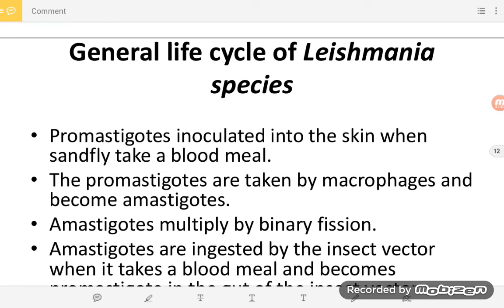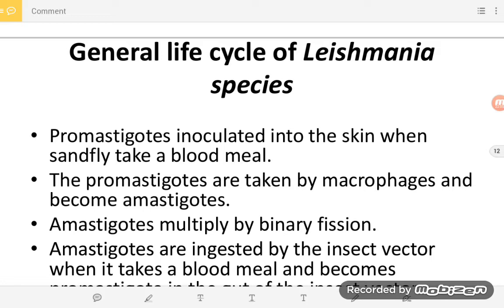So, the general life cycle of Leishmania species. The promastigote form is the infectious stage. So promastigotes are inoculated into the skin when the sandfly takes a blood meal. When the sandfly takes a blood meal, if the sandfly is infected, it contains the promastigote form.